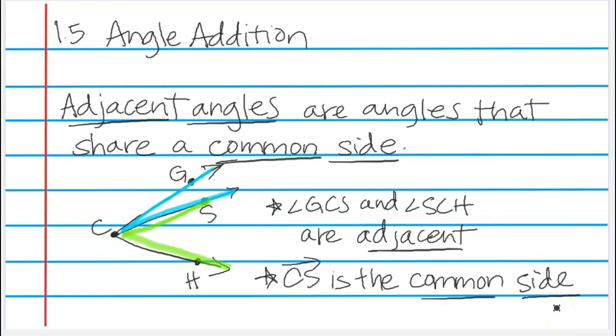Okay, so now that we have defined adjacent angles, we are going to talk about the angle addition postulate. I'm actually going to write this further down. Angle addition postulate. So please continue on the same page.